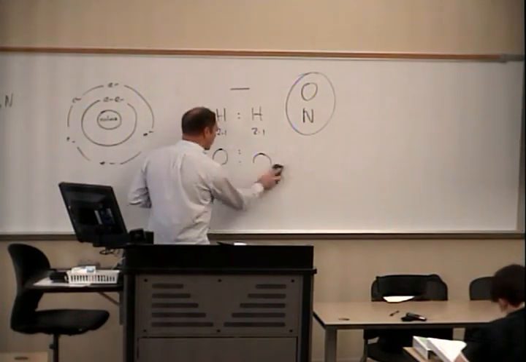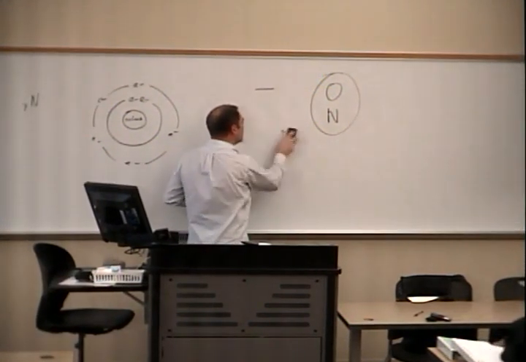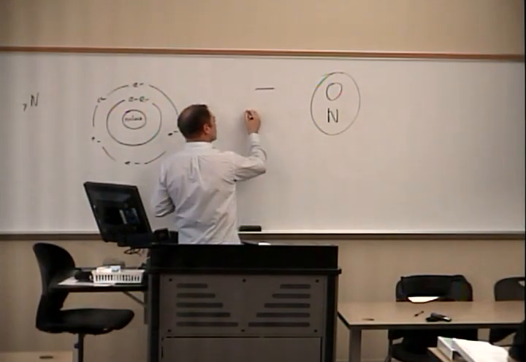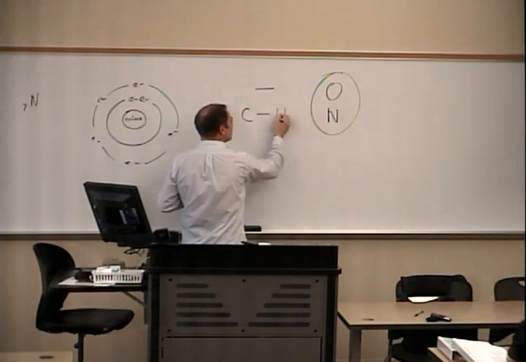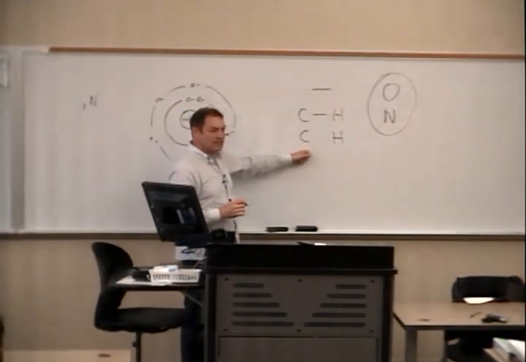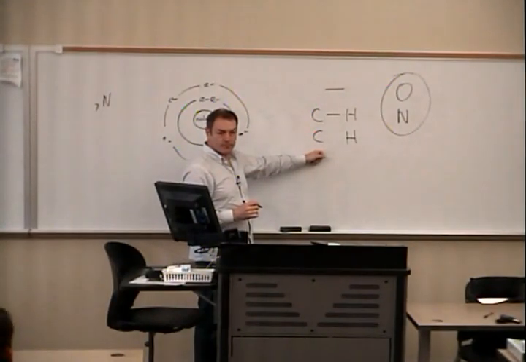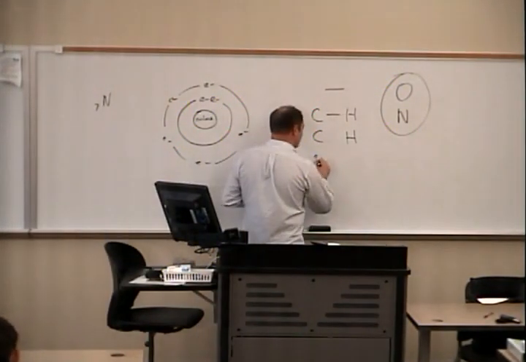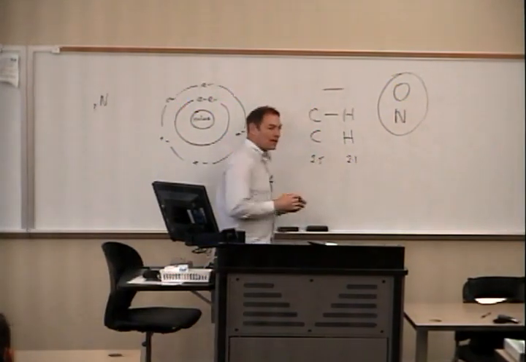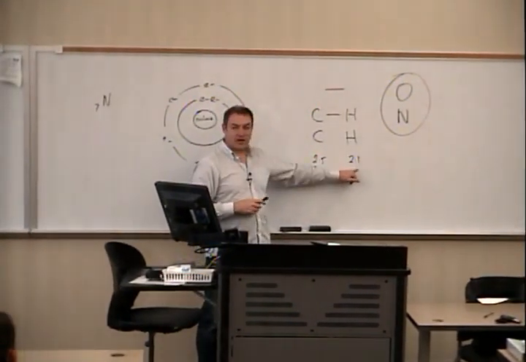For example, carbon often seems to bond with hydrogen, doesn't it? What's the electronegativity of carbon? 2.5. What's the electronegativity of hydrogen? 2.1. These aren't identical, are they? But they are very, very similar.